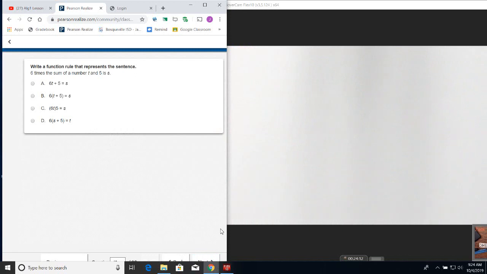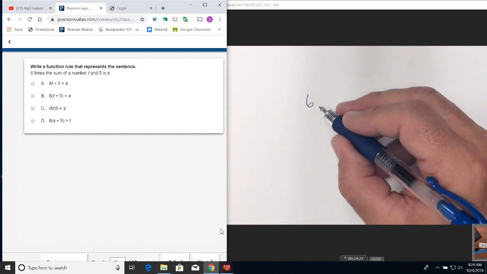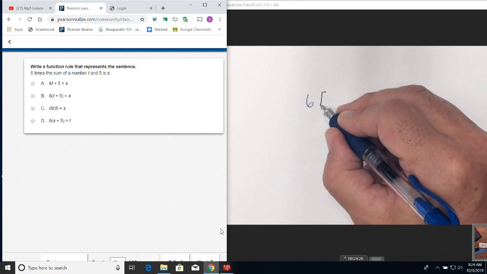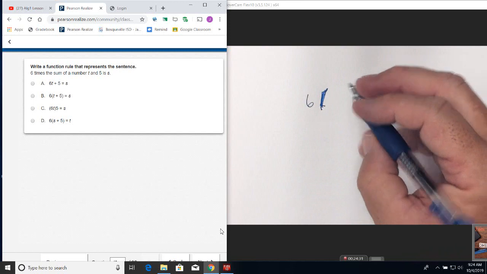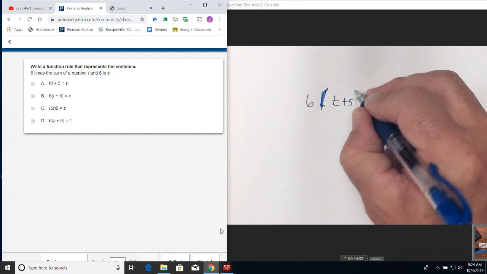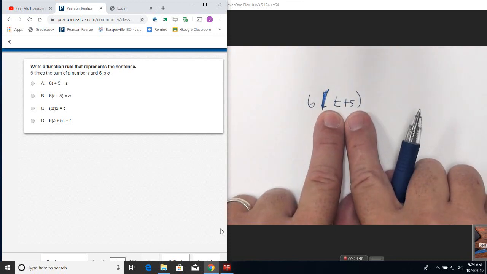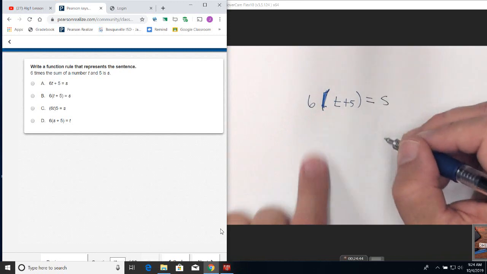6 times the sum of a number t and 5 is equal to s. So 6 times means I'm multiplying it by something. What am I multiplying it by? The sum. So I'm going to take some number, and that should be in parentheses: 6 times the sum of some number t and 5, and that would be equal to s.